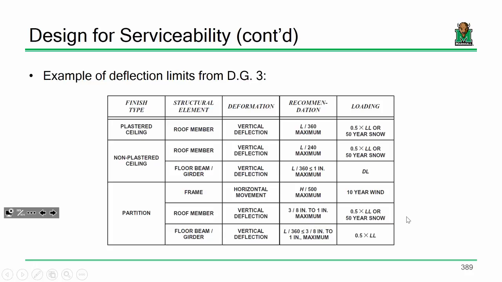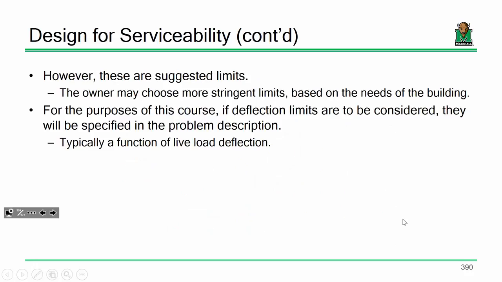So just make sure that you're aware of this stuff. Again, for the problems that we do in this course, just to keep everything straightforward, I'm just going to give you the deflection limit, which isn't really that far off from what you would see in practice anyways. I mean, keep in mind, your client, the architect, the engineer, they all have to come to that agreement at the beginning. So you'll know what the deflection limits are because you'll know that before you begin your project.